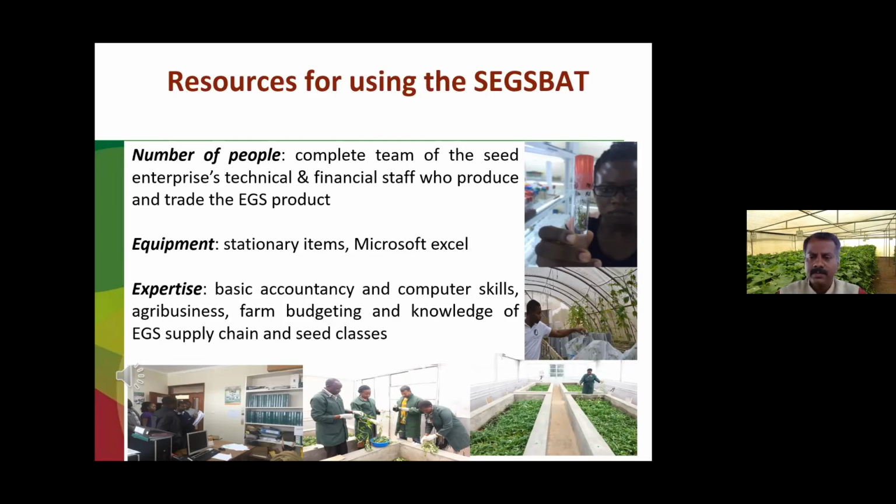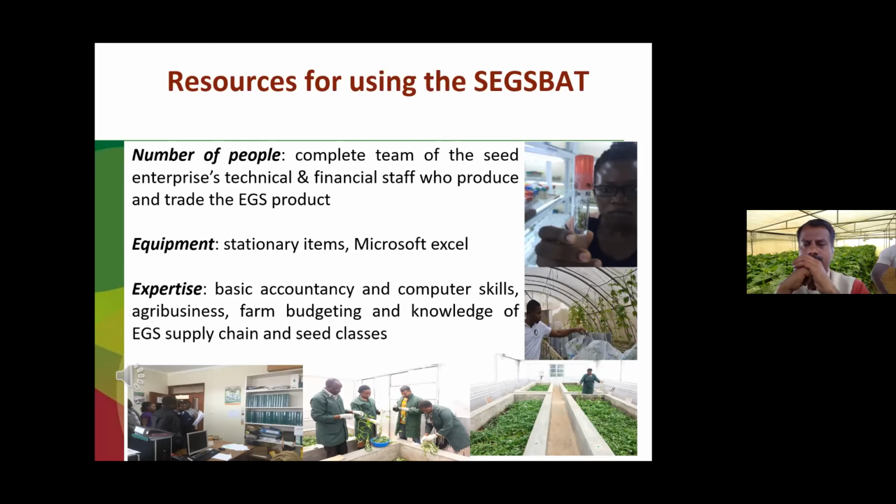So you don't need a sophisticated statistical tool to analyze a financial data set. You need a basic Excel. Which means for the expertise, you must have a basic understanding of accountancy, computer skills, and also agribusiness skills and farm budgeting.